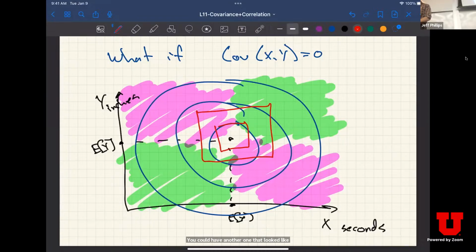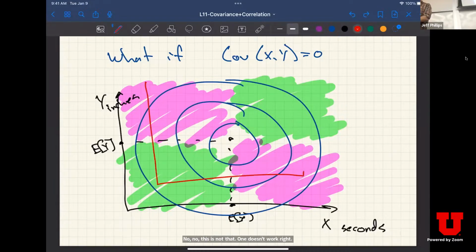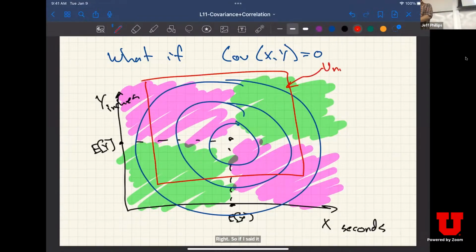No, that one doesn't work, right? But if it was a single uniform distribution over a square, this would also be independent. So if I said it was uniform over, say, 0.2 to 1 squared, then that's also going to make them independent of each other.